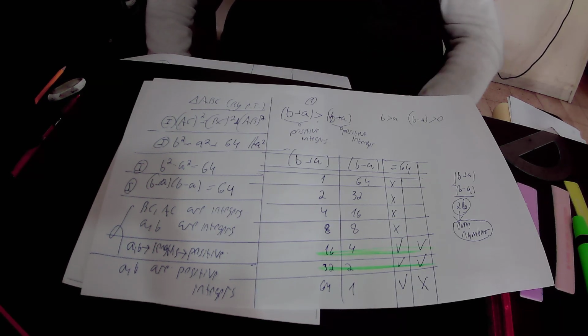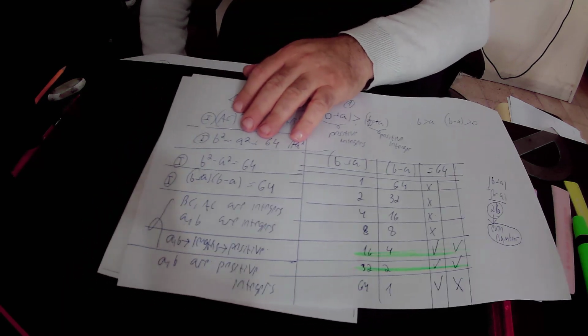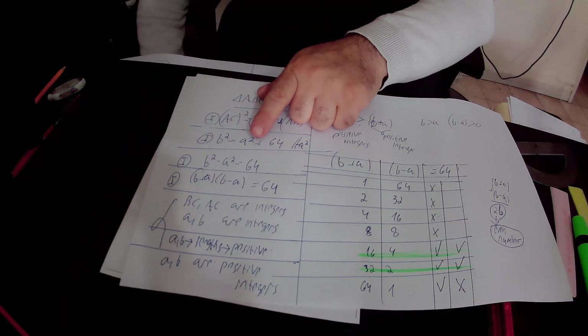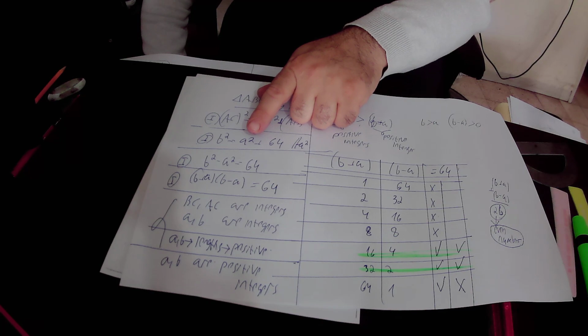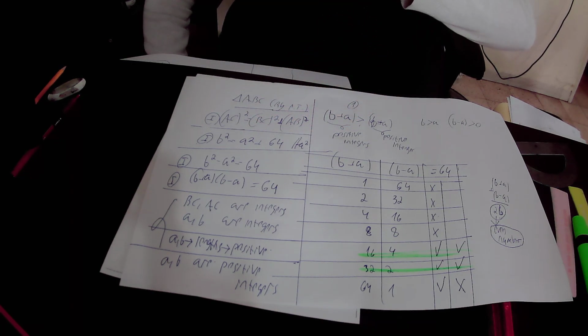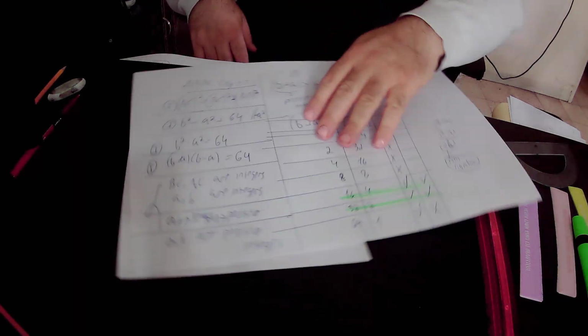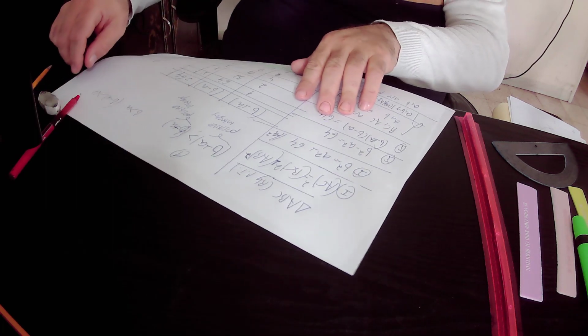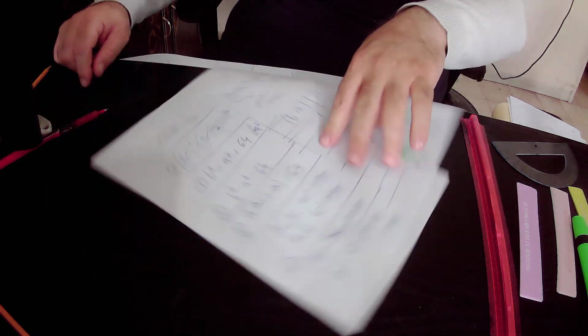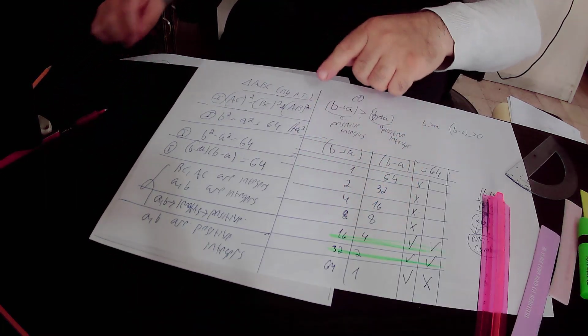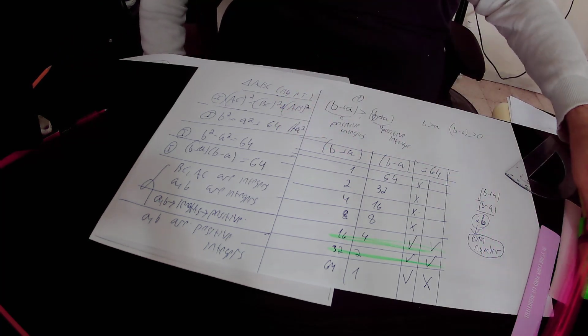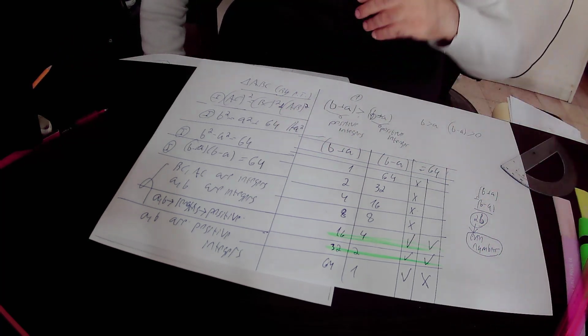We used the algebraic identity that b squared minus a squared equals b plus a times b minus a, and it is equal to 64 according to equation number 1.